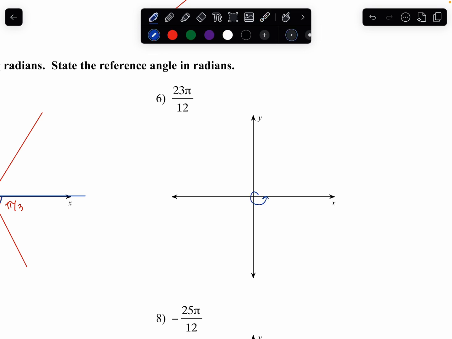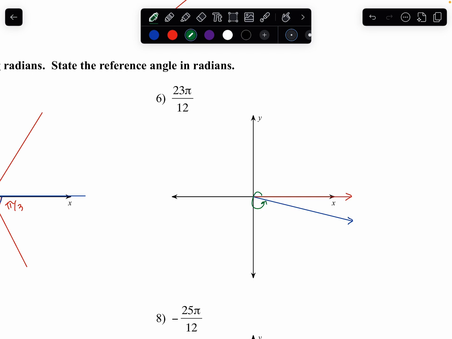This right here would be 24 pi over 12. But I don't quite have 24, so I only want to go to 23 and leave 1/12 open. So if this right here is my initial side, my terminal side will rotate to maybe right here.